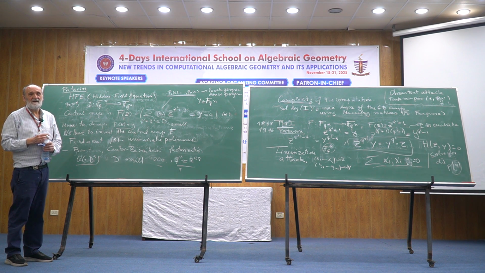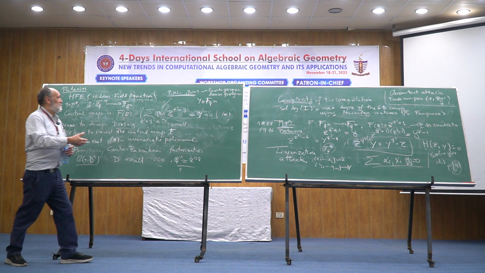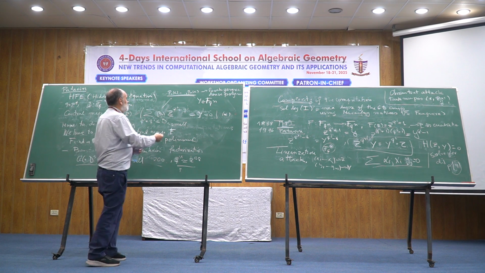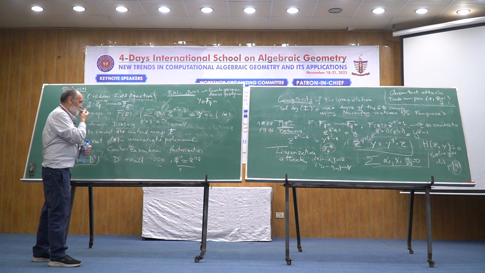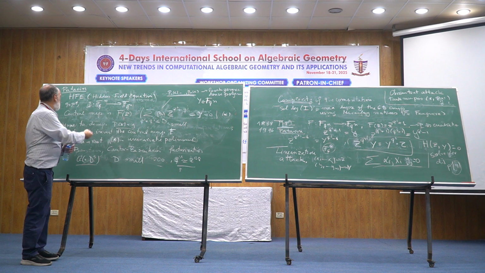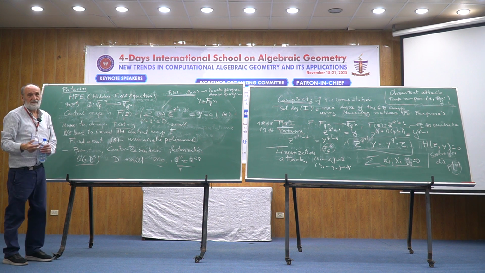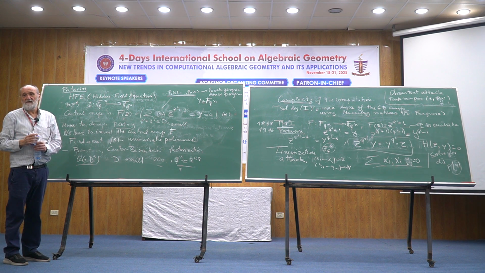This really is one of the mysterious things of Gröbner bases, that Gröbner basis can distinguish between a generic system of polynomials and another coming from, for instance, this one, that are not generic but really look generic.